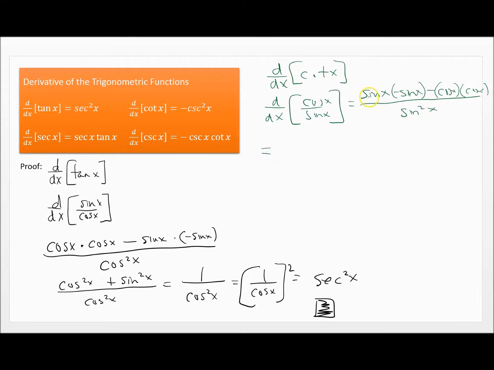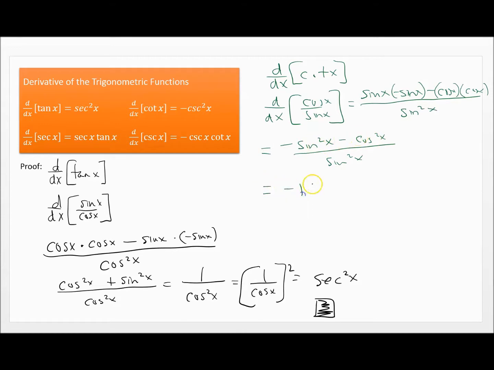All right, I multiplied. Sine of x times negative sine of x is negative sine squared of x. And then this is minus cosine squared of x, over sine squared of x. Now, what you don't do is cancel these two guys. Remember, you can't do that because you have a binomial in the numerator. What you can do is factor this negative out of the numerator.